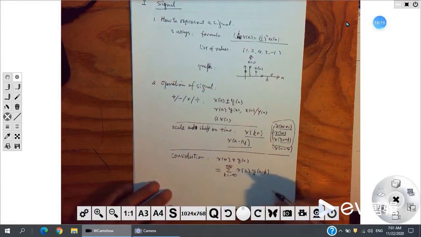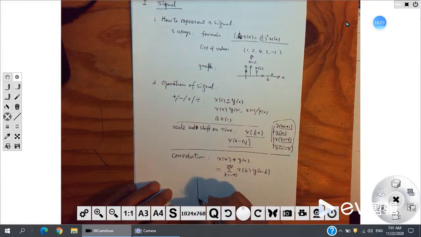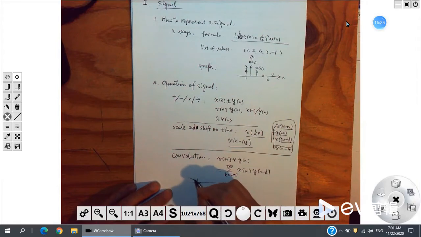We can also calculate this in a table. Table one: you have x and y, and you put in some values. Here's some x1, here's some y1.